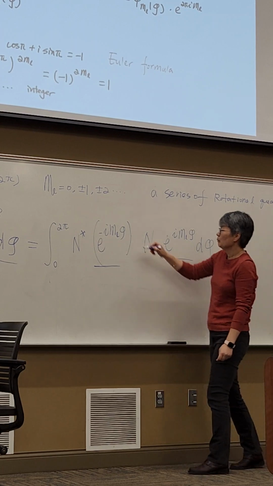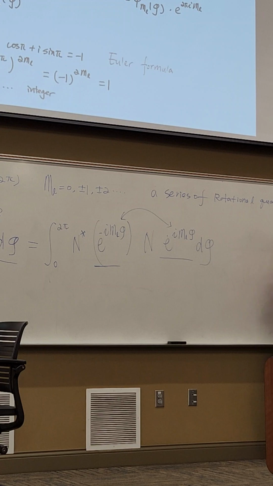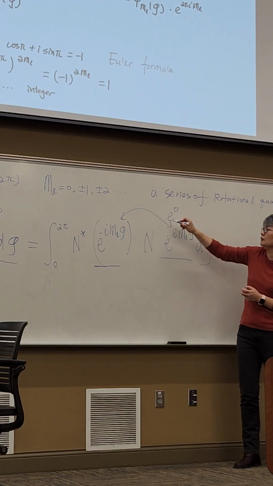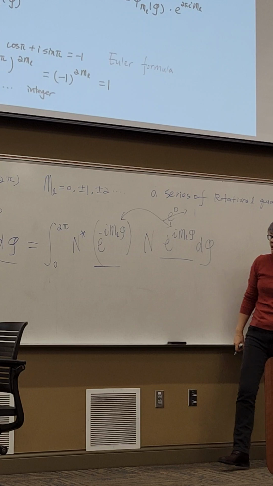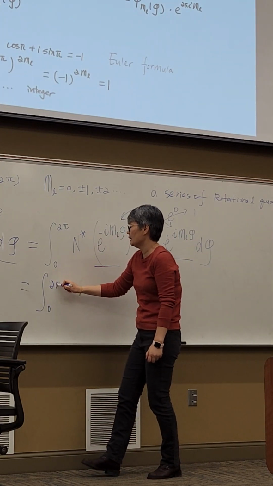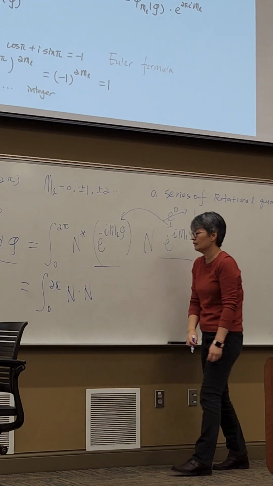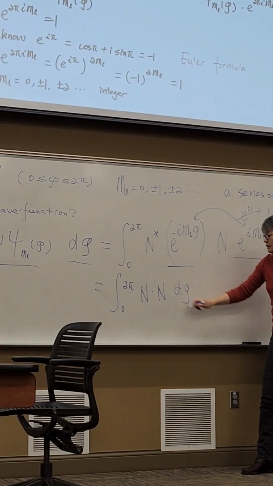So between these two, what do we have, guys? e to the 0 order, and that will equal 1. Therefore, this really equals the integral from 0 to 2 pi, and that's a real number, we know. Then n, or we can make it n squared, and d phi.